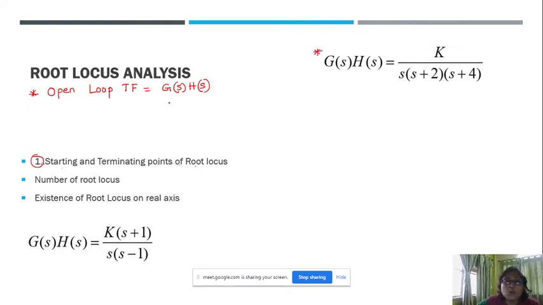This is an open loop transfer function, and we have to draw the root locus from it. The first point to remember is from where the root locus will start and from where it will terminate.